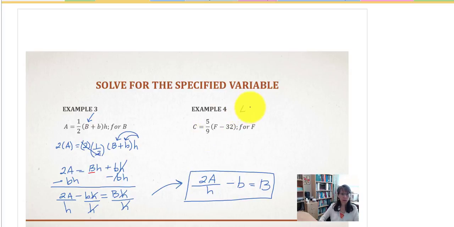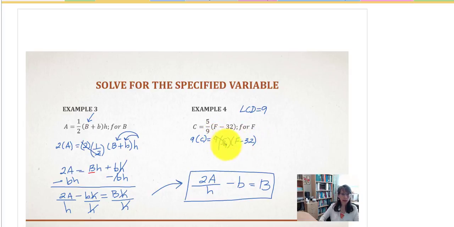So if the lowest common denominator is equal to 9, we're going to multiply both sides of the equation by 9. So 9 times c would equal 9 times this fraction, 5/9, multiplied by the quantity f minus 32.